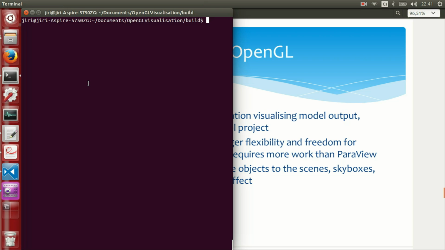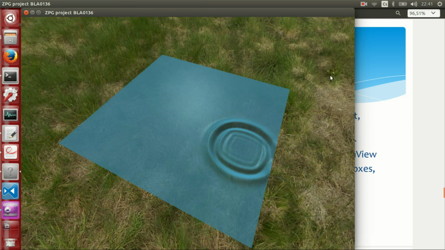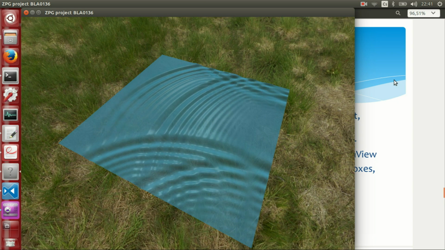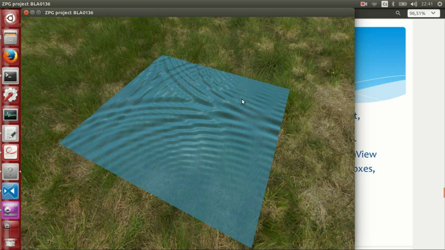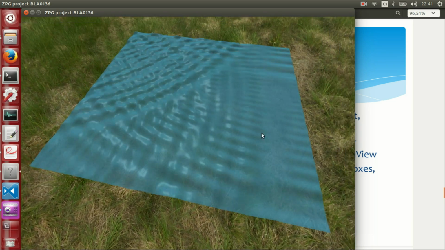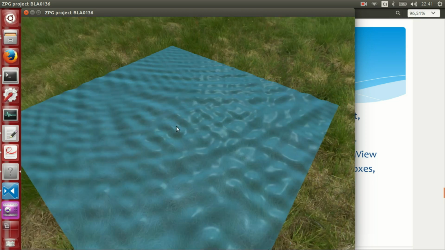After making the ParaView visualization, I decided to experiment with something else, and I actually wrote my own OpenGL application to render the water surface from the model output, so I could experiment with some more graphic effects. So this is what I ended up with.